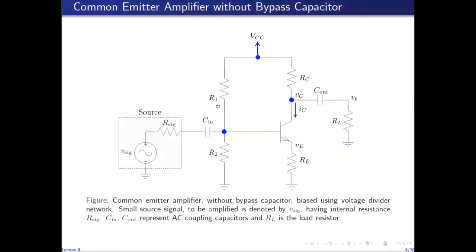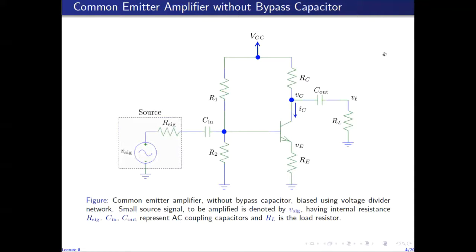As VL increases, the AC component of the total VC increases, and since the other end of RC is connected to VCC, which is fixed, this voltage is increasing. So the voltage across RC decreases, which decreases the current through RC.